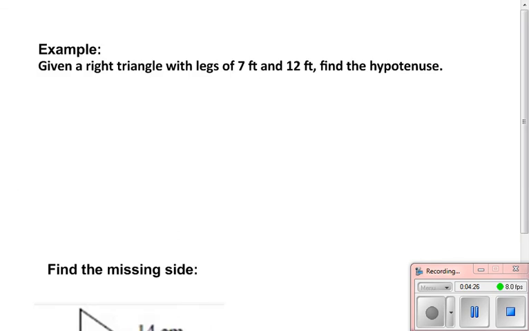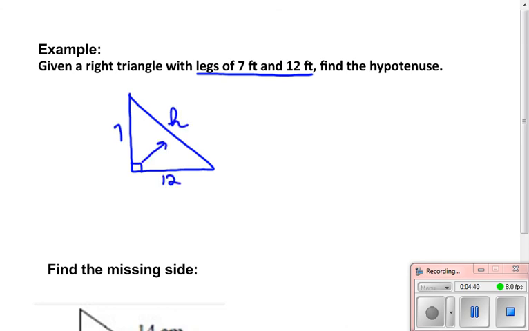So let's do a quick review of a couple Pythagorean theorem examples. If I draw myself a picture and I have legs of 7 and 12, the hypotenuse is what I don't know, so we give it a letter. The Pythagorean theorem says if I take 7 squared plus 12 squared, it equals h squared.